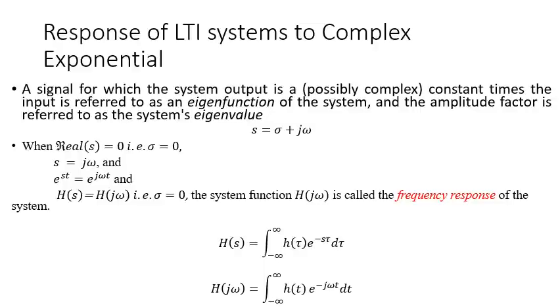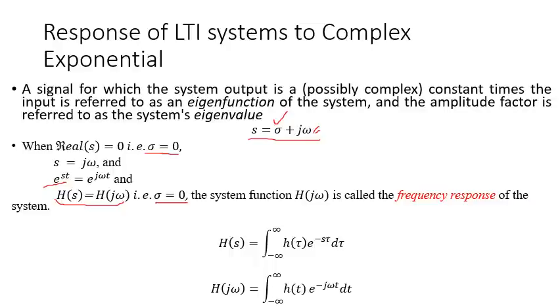Now you understand that s has value sigma plus j omega, where sigma is the real part and j omega is the imaginary part. When the real part of s equals 0, we have just the imaginary value s equals j omega, and in that case e power st equals e power j omega t, and h of s becomes h of j omega. So that's clearly understood. The system function h of j omega is called the frequency response of the system.